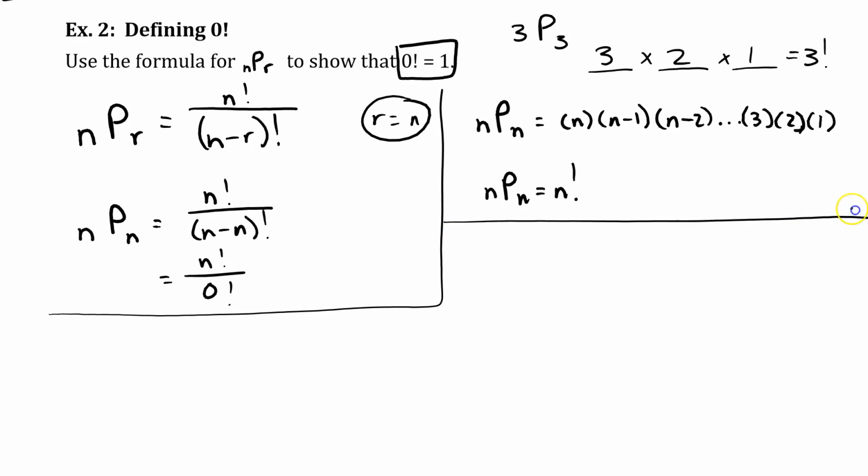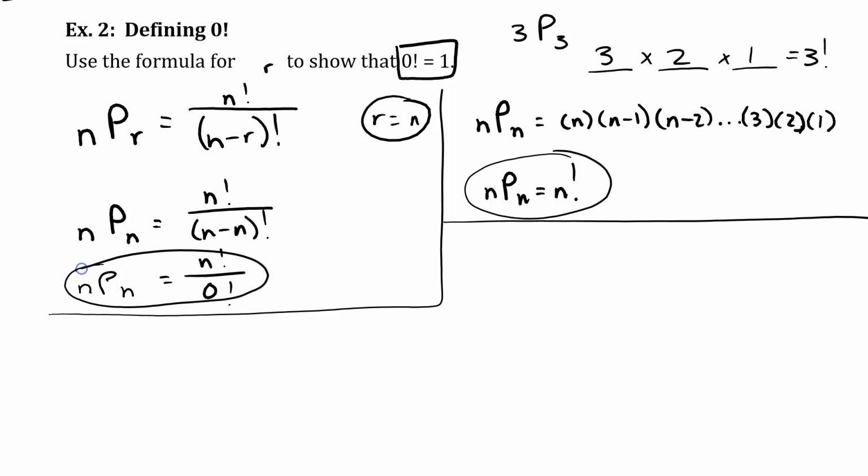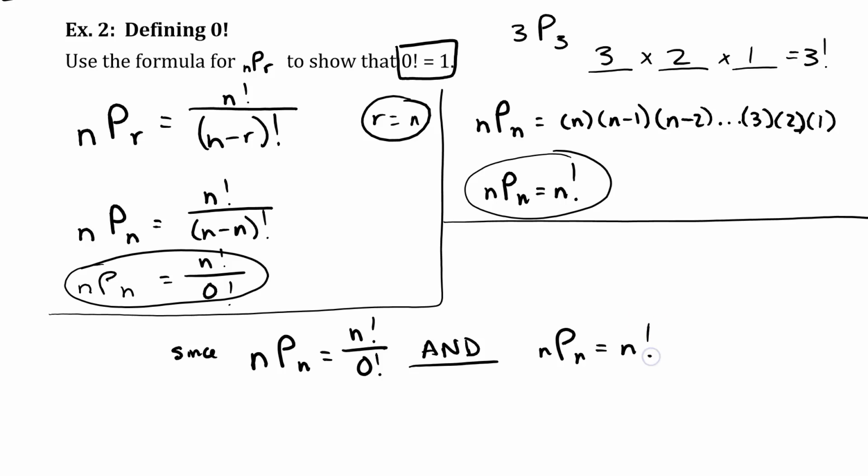Okay, so we have 2 different things here. We have n pick n equaling n factorial, and we have n pick n equaling n factorial over 0 factorial. So we know that nPn is the same thing as nPn. So since n pick n is n factorial over 0 factorial, and we have also reasoned that n pick n is simply n factorial, we know that these 2 things must equal the same, because nPn equals nPn.